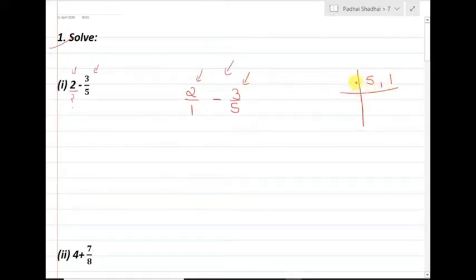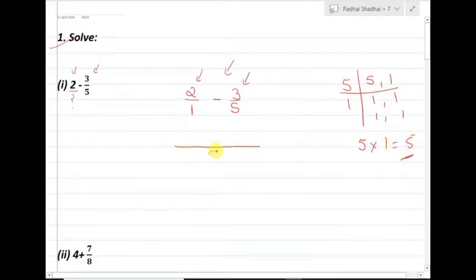Here 1 is as it is, we have to just divide by 5. 5 1s are 5, and 1 itself will be there, and last, 1 1s are 1. So the LCM is 5 into 1, that is 5. So in the denominator we directly write 5.